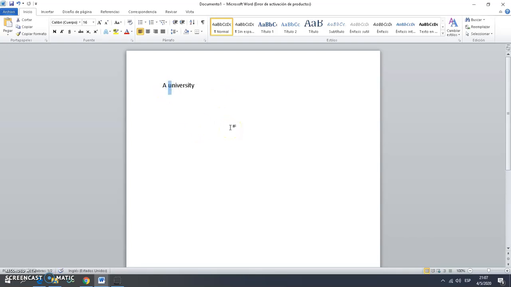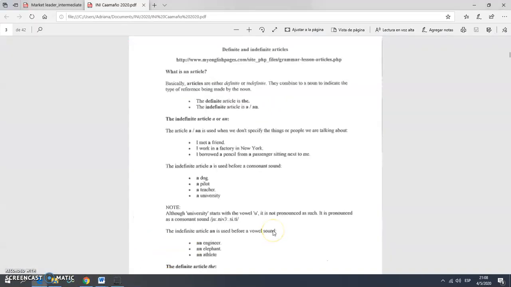But the spelling is a U. If you think of its pronunciation, you have a university, okay? You don't have a vowel sound at the beginning, all right? So be careful. It is a generalization when we say that you have A, E, I, O, U at the beginning, all right?